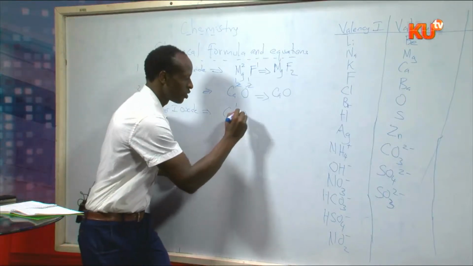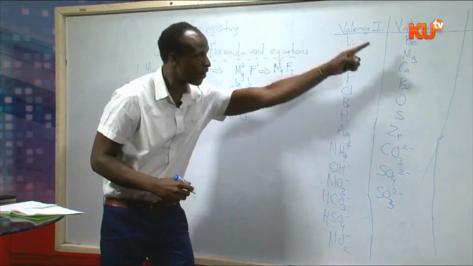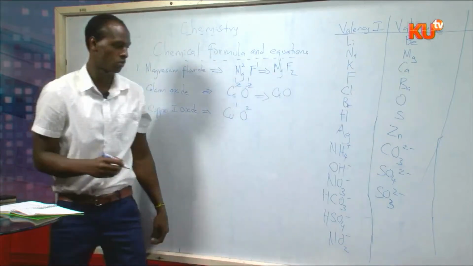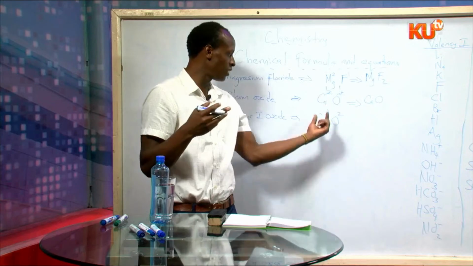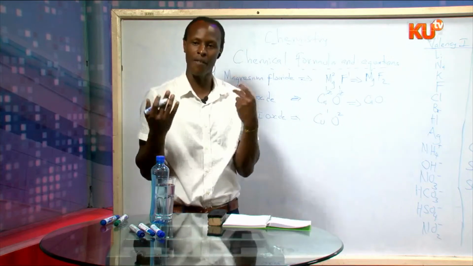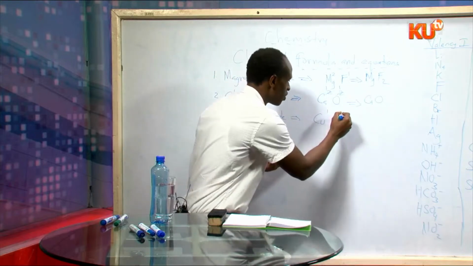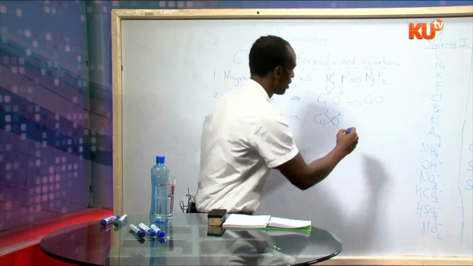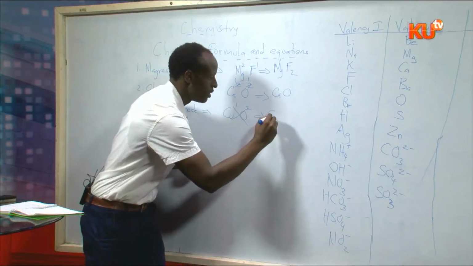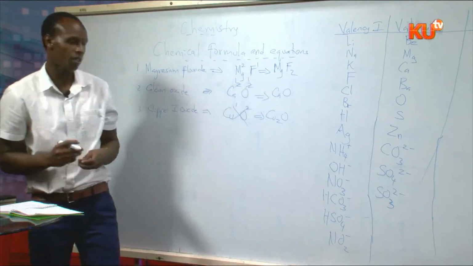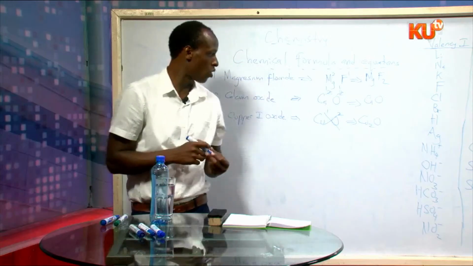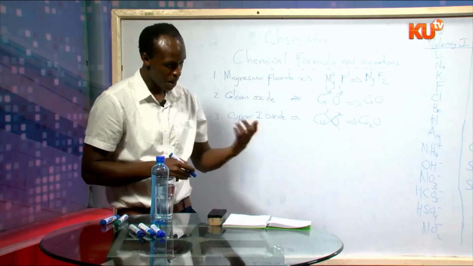The symbol of oxygen is O, valency will be 2. This ratio cannot be simplified, so after having those valencies, we just interchange the valencies. So the 2 comes here and the 1 comes here, so the formula will be Cu2O, because we have interchanged the valencies.